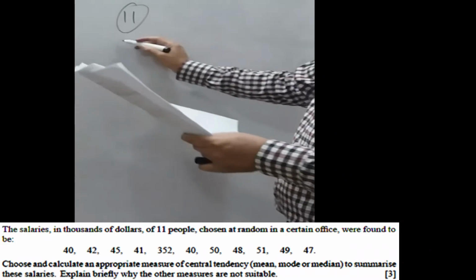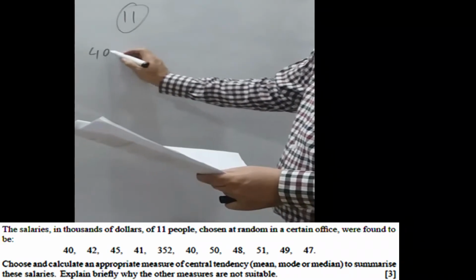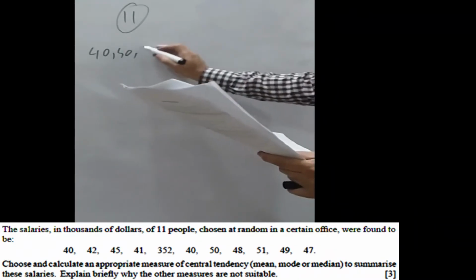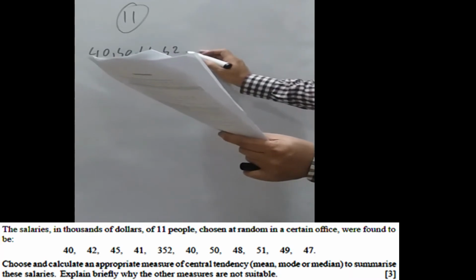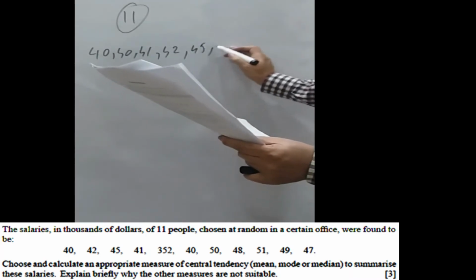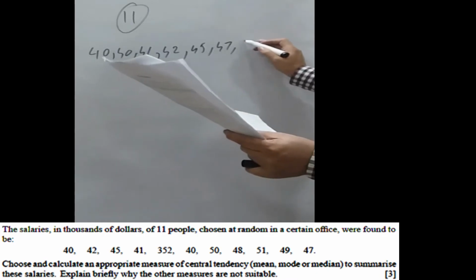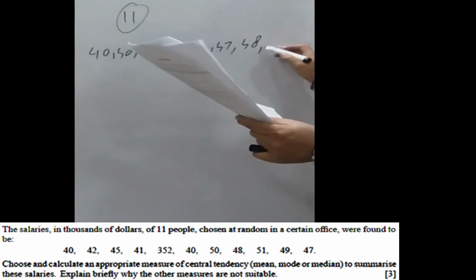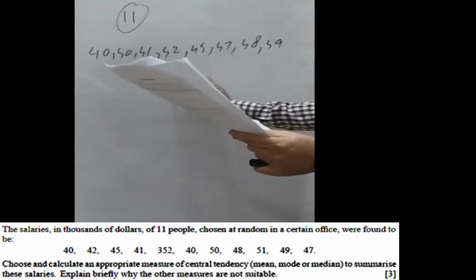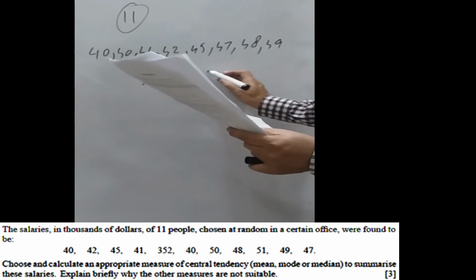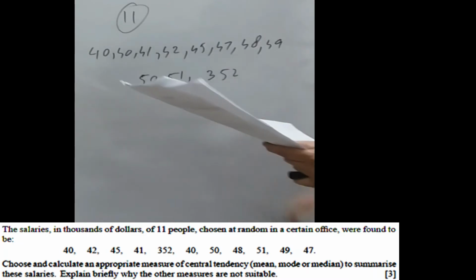Now, rearranging the data in ascending order, I have rearranged it from smaller to larger values: 40, 41, 42, 45, 47, 48, 49, then we have 50, and then 51, and we have 352.